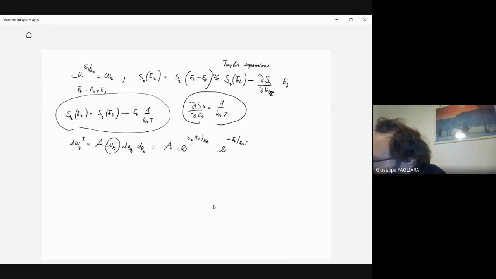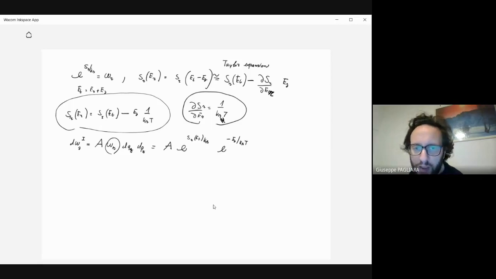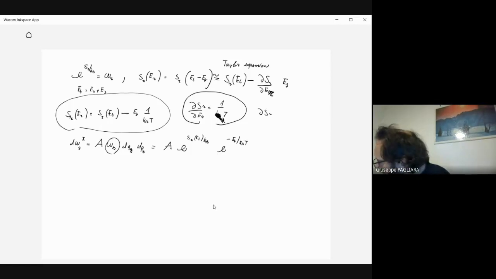Let me check if the calculations are correct or if I'm forgetting something. Maybe there is a mistake here. Yes, here there should not be a KB. Sorry, there's no KB there. The derivative of entropy with respect to energy is 1 over what?